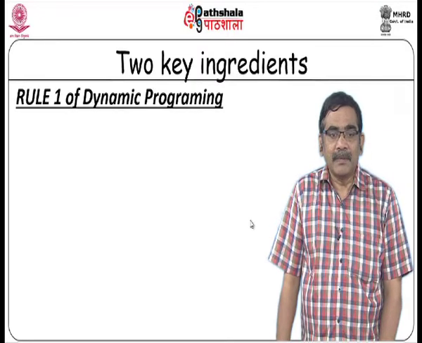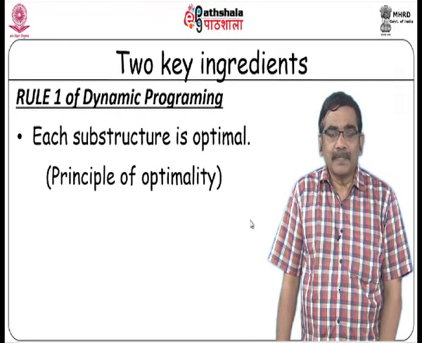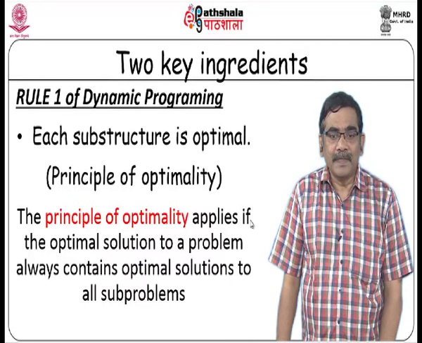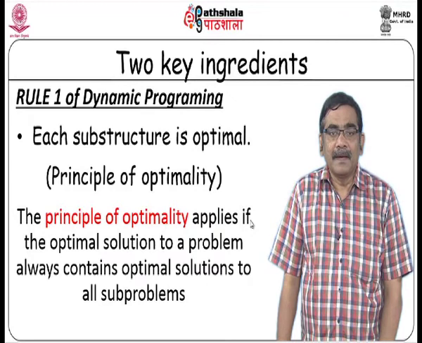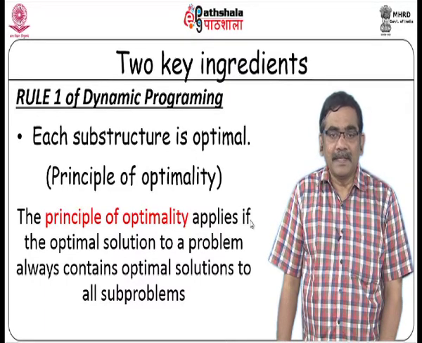So, the important rules which we discussed in the last module, I will just recollect. Each substructure is optimal. This is what we called the principle of optimality, where we say that if the optimal solution to the problem exists, then it is also the solution of the subproblems that are contained in the problem itself.